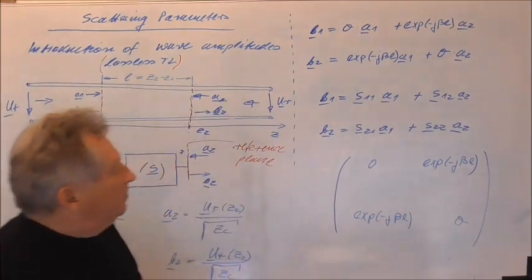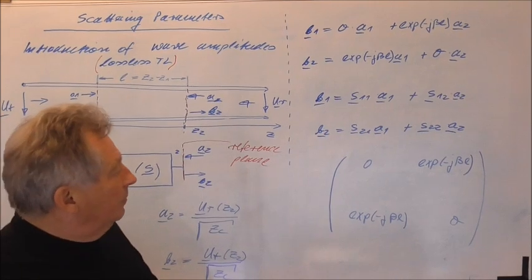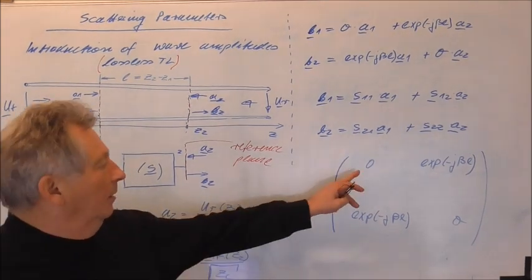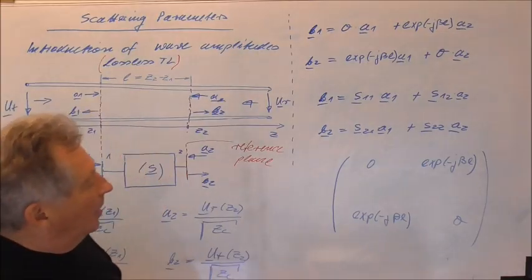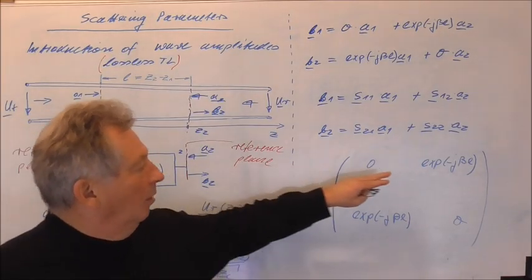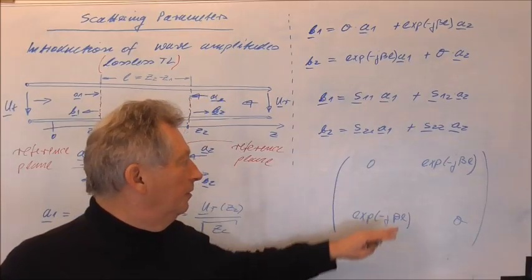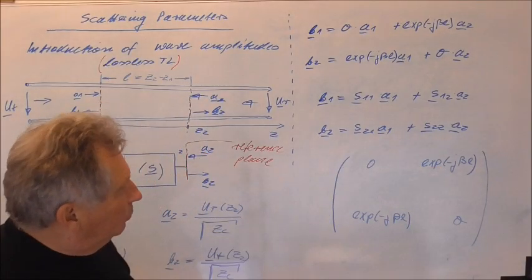So this is the S matrix of a lossless transmission line. It is free of self-reflection, and it's reciprocal, so the influence of port 1 on port 2 is the same as the influence of port 2 on port 1.